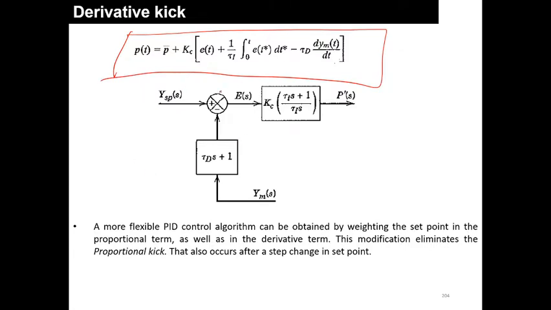When you realize this equation in the form of a block diagram, you can see this is the set point, this is the error, Kc into 1 upon tau i s in the Laplace domain.